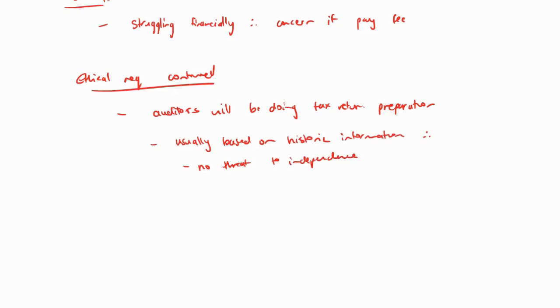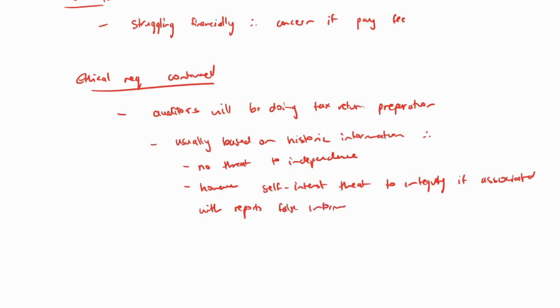I do, however, know that the integrity definition says we should not be associated with returns that have false information. We are now aware that the previous financial manager was fraudulently reporting financial information, so I do want to put that in. No threat to independence, however, there could be a self-interest threat to integrity if they are associated with reports with false information, and I can make a note here based on the fraudulent financial reporting of the previous manager.